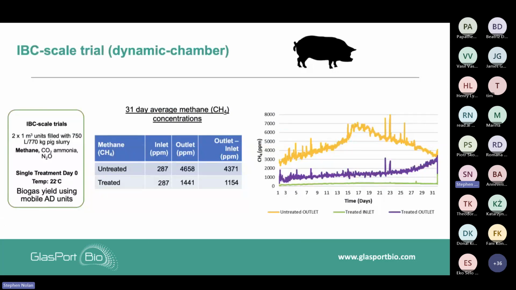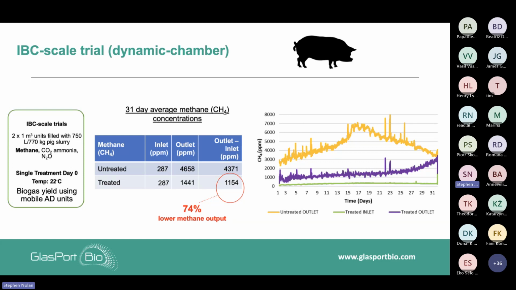The IBC scale trial, we had 2 cubic meter tanks filled with 750 liters of pig slurry, and we've done it with dairy slurry as well. Done a single treatment, maintained them at a temperature representing what would happen in a pig shed, and then assessed the results over 30 days, and saw significant reductions in methane production from that pig slurry.